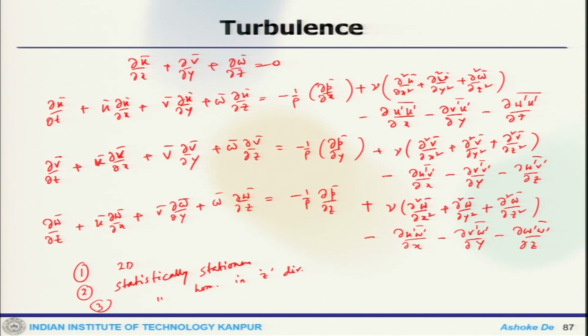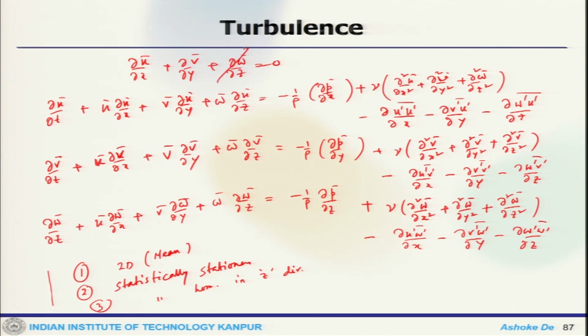So, if we have these three assumptions, the mean flow is 2D, the flow is statistically stationary and statistically homogeneous.